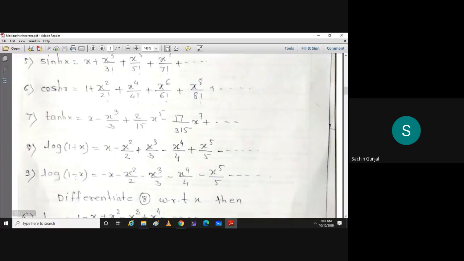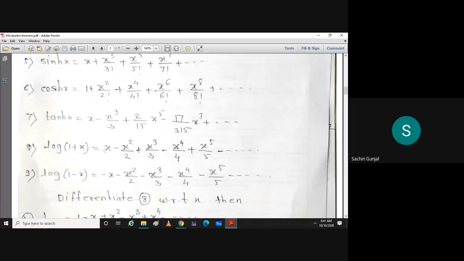Then next is the series expansion of log of 1 plus x, which is x minus x square by 2 plus x cubed by 3 minus x raised to 4 by 4 plus x raised to 5 by 5 and so on. You can obtain the series of log of 1 minus x from the above series.